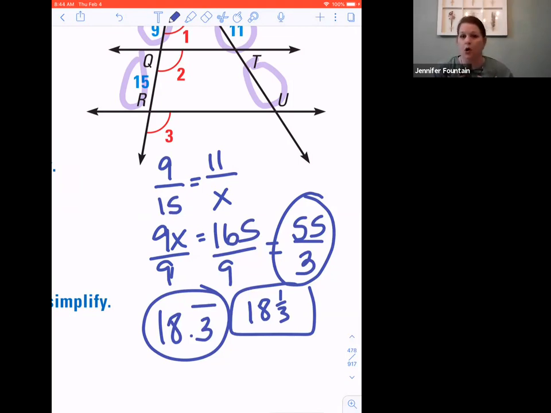I would accept a whole number 18. But just know that if you ever saw a multiple choice question, you've got to find the one that represents your number the best. Okay, hang on just a second.